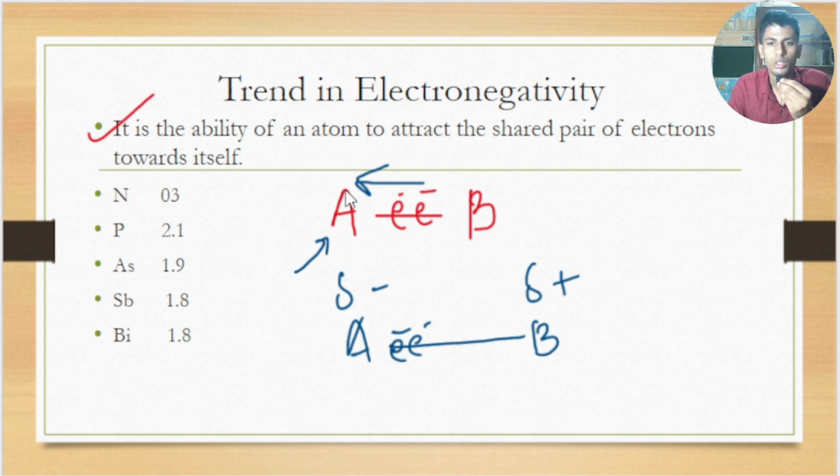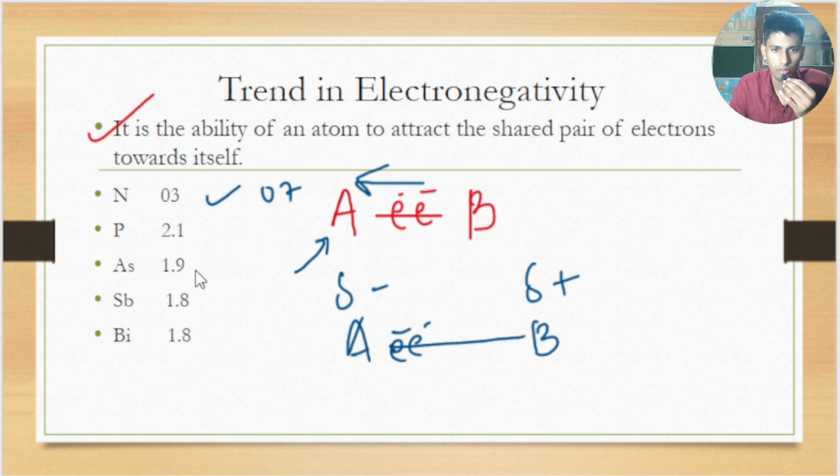So the nitrogen has an electronegativity of 3. It is measured on the Pauling scale, so I am telling you the Pauling scale, I am not telling you the unit. Nitrogen's atomic number is only 7, and the size is very small, so the nucleus is much closer. For phosphorus, it is decreasing, 2.1.